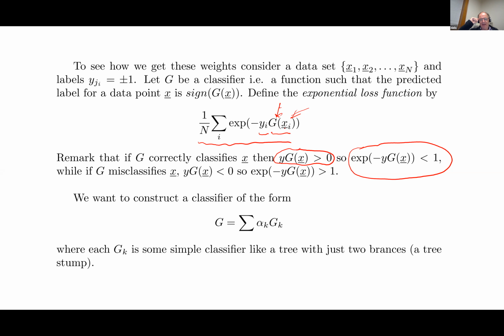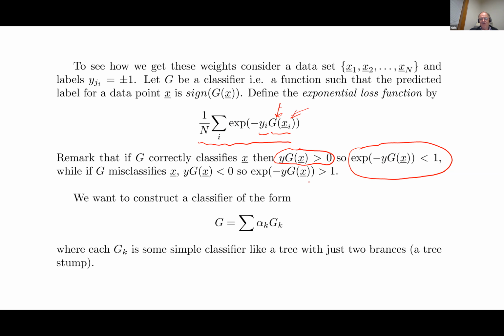Right, so if you want it to be plus minus 1, it has to be sign of g(x_i). Well, I don't care whether it's plus or minus 1. I just care that the exponent here, if it's correctly classified, so if g of x has the same sign as y_i, then this will be less than 1.